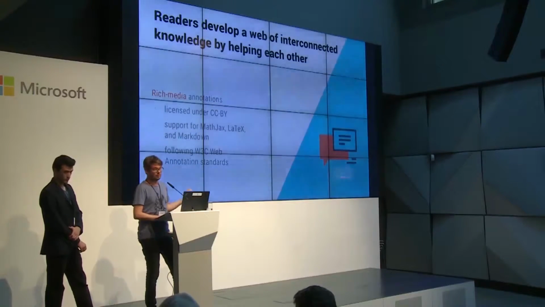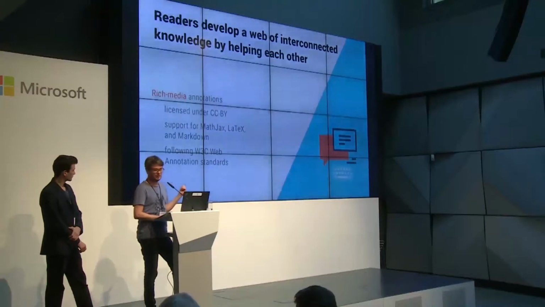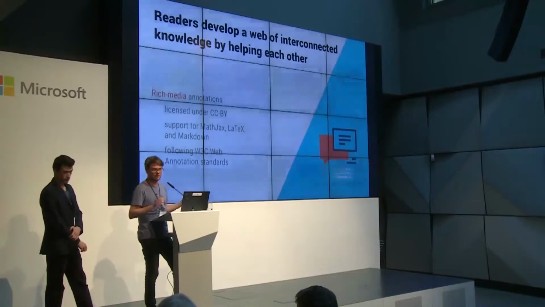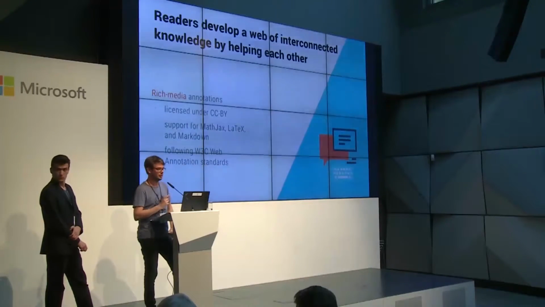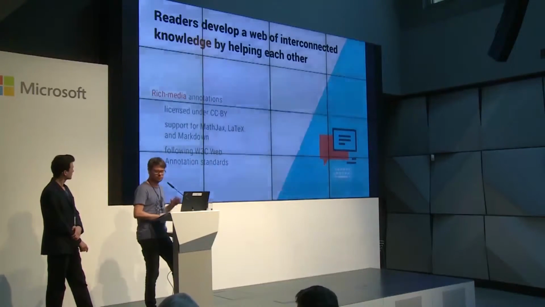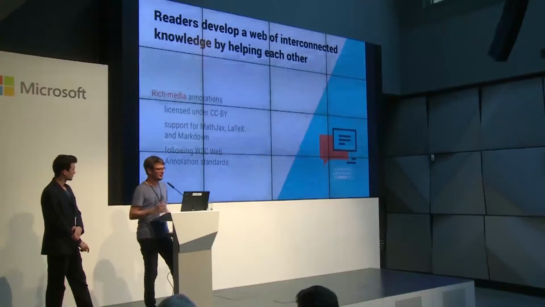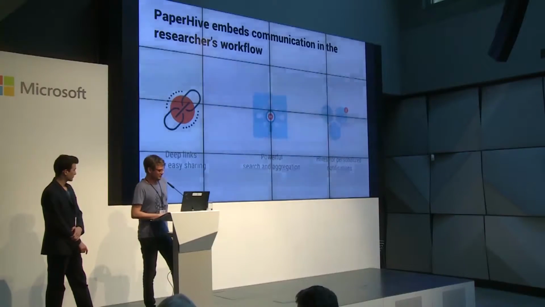And we're also closely following the W3C draft standard to allow interchange of data. So if someone is willing to interchange data with us, just talk to us later. You can have deep links linking to a specific part of the text to share something in the text.